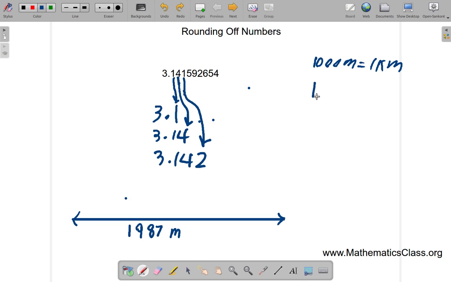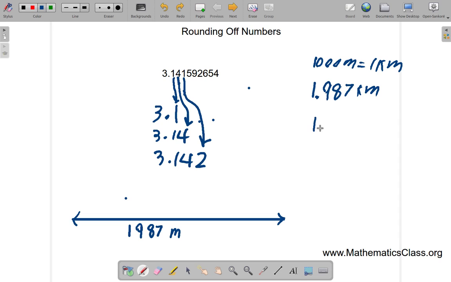If you write 1.987 kilometers, whoever is asking you to do it, it could be a customer, a supervisor, or somebody else, wants you to write to the nearest kilometer, not 1.98 something. Now what would you write?